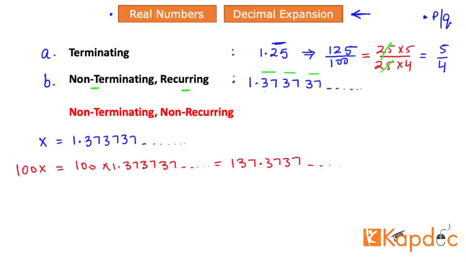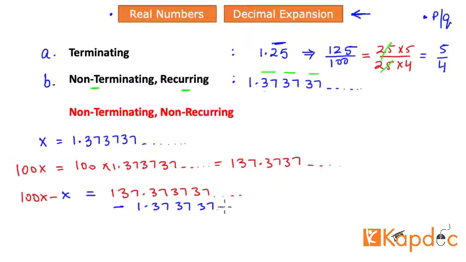Now let me subtract the number x from 100x. So when you do that, what you obtain is 100x minus x is equal to 137.373737 and so on, less 1.373737 and so on.